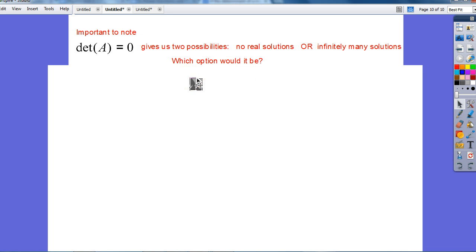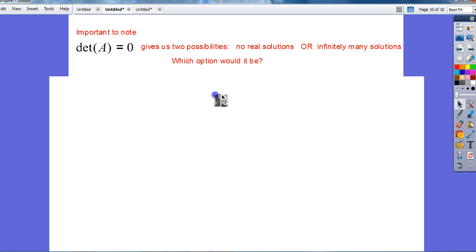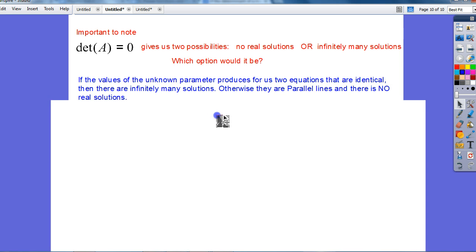So, look, there's a very important thing to note about the situation when the determinant is equal to 0. That gives us two possibilities: no real solutions or infinitely many solutions. So which option would it be if we get that situation? If the values of the unknown parameter produce for us two equations that are identical, then there are infinitely many solutions.